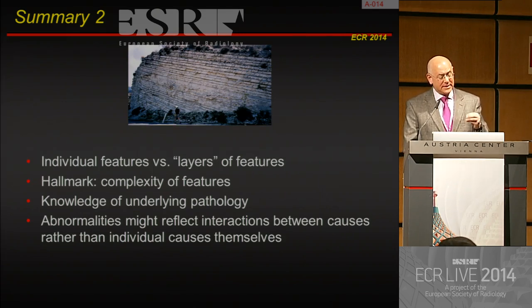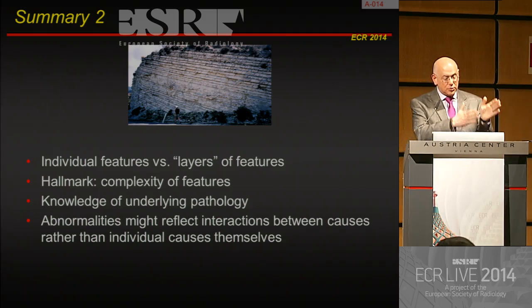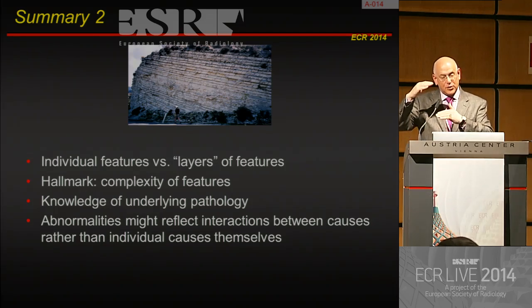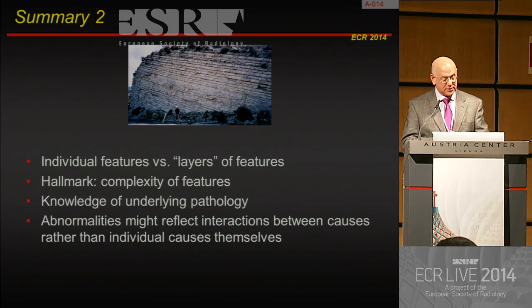However, I think it is important to add that we do see individual features of these causative factors, but when looking at these diseases in a clinical context, we are also looking at the different layers of features that come from the contributing factors. I think the hallmark of the remodeled lung is the complexity of the CT features that we see.